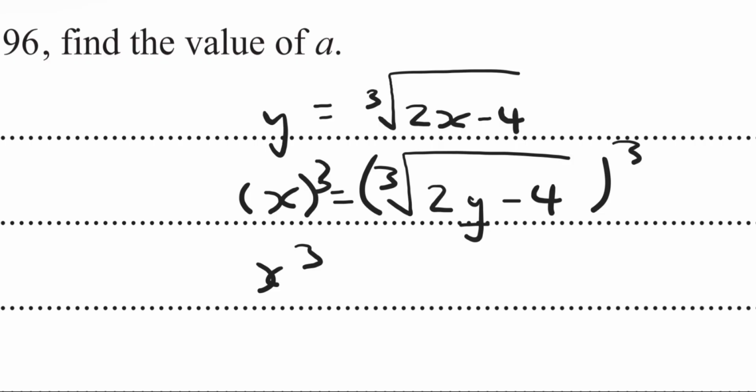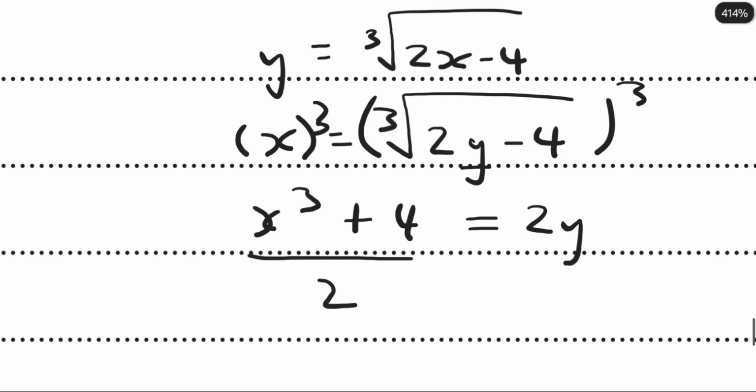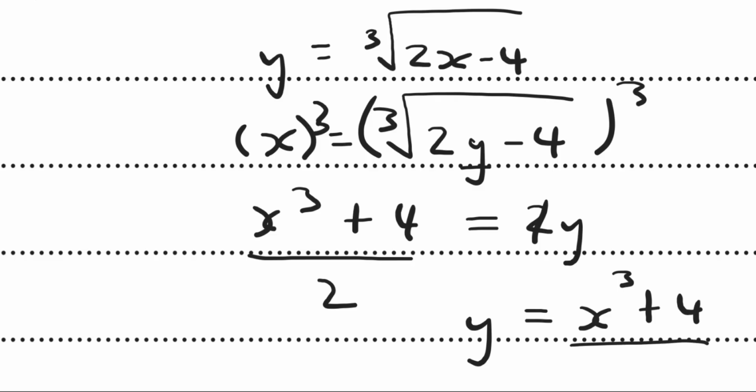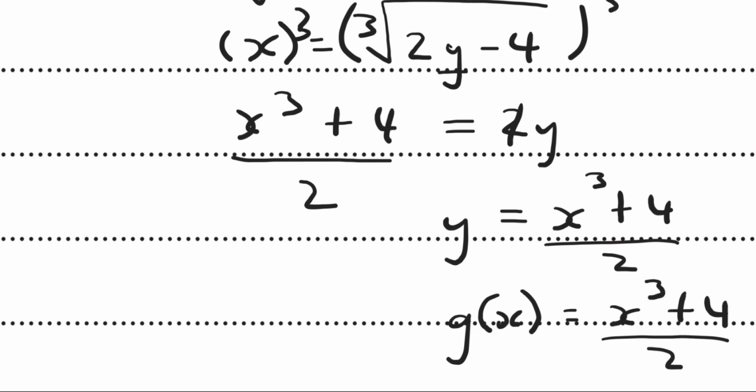X to the power 3 plus 4 should be equal to 2y. Then if we divide both sides by 2, we get y equals x to the power 3 plus 4 over 2. And this is the expression for g of x: x to the power 3 plus 4 over 2.